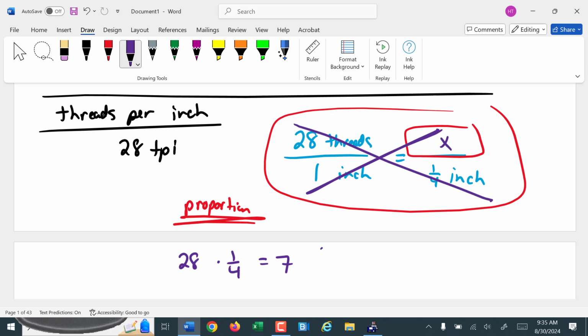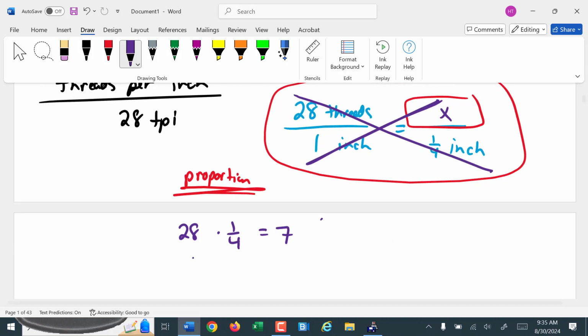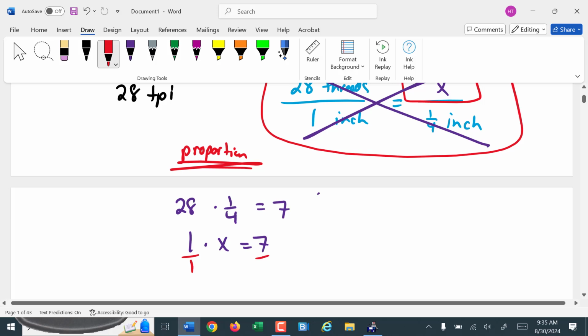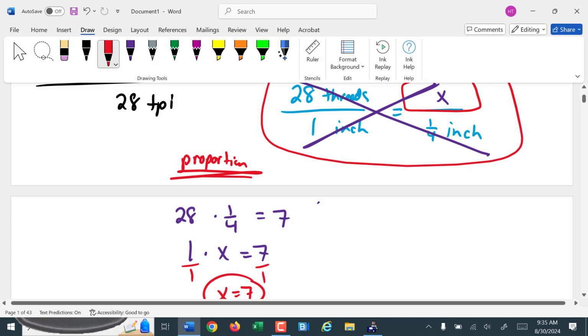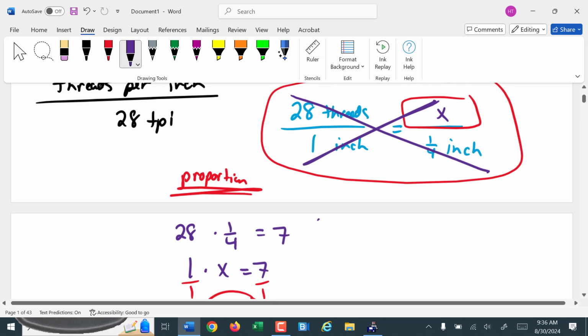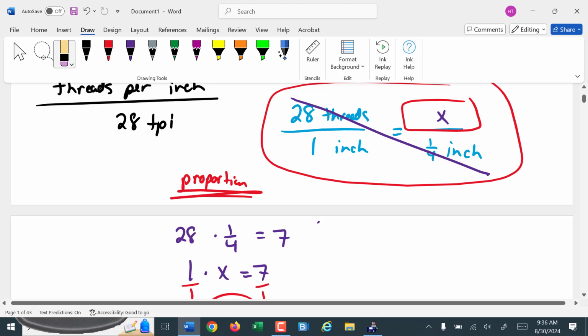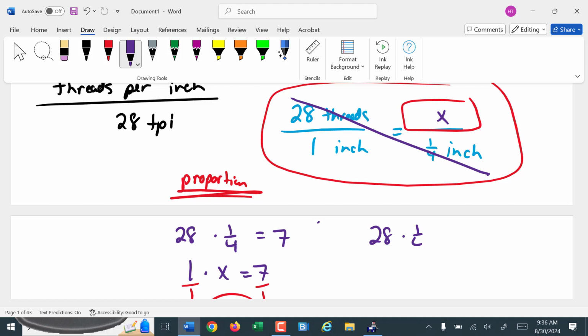So we would take the 28 threads times the 1/4 inch, which is going to give us 7. These two numbers also have to multiply to make the same thing. Now, if we're thinking with basic algebra, if we called that x, 1 times x also has to equal 7. You would solve that equation by dividing by 1, so x equals 7. To shorten that process without having to solve the equation, we just do cross, multiply, and divide.